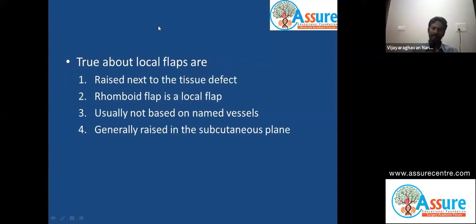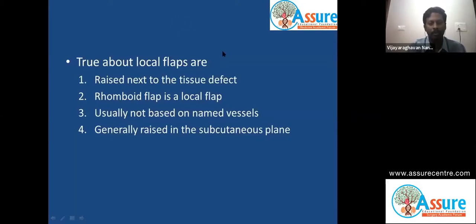Or I can classify as persons who are wearing spectacles and not wearing spectacles. Similarly, I am a person who is Assure faculty, I am a person who is post MCh, and I am a person who is not wearing spectacles. So it basically depends on what way you are classifying it.